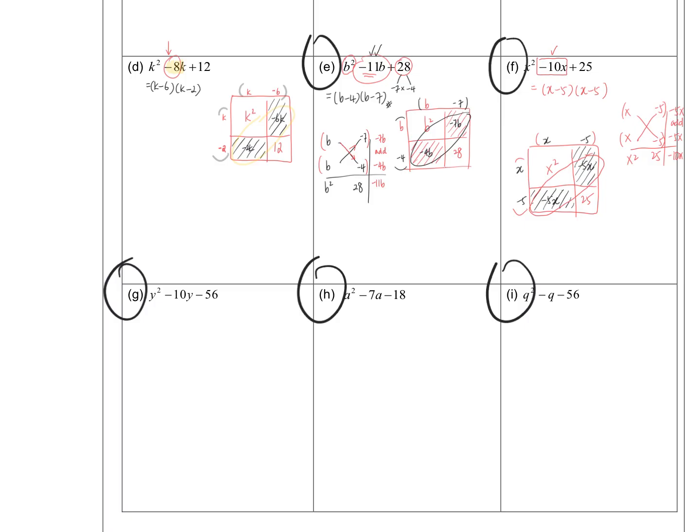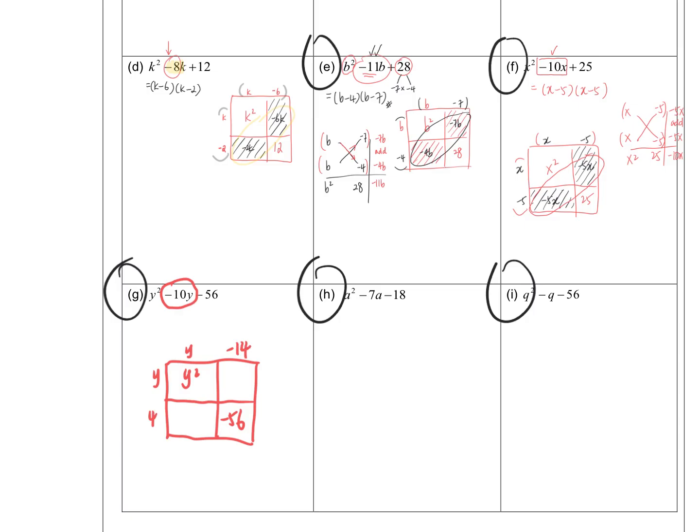I will get Fiao to help me. What are the two factors of 56 that will help me get minus 10y? 4 and minus 14.